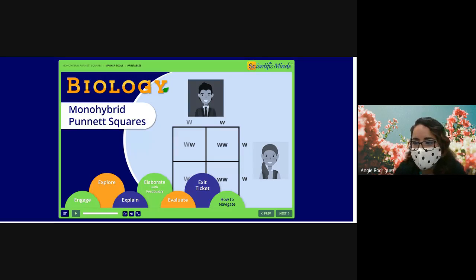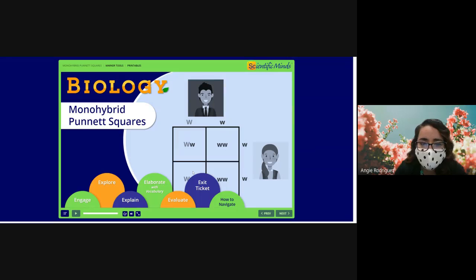So those traits or characteristics, we actually use something to measure them, to figure out what kind of traits or characteristics our children or offspring are going to have, okay? This little chart that I'm showing you is called a monohybrid cross, or Punnett square. This is a Punnett square.